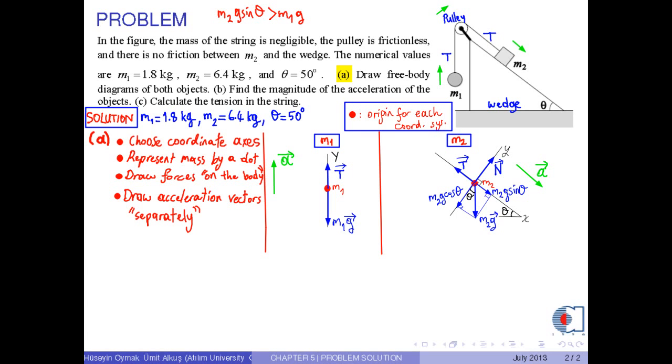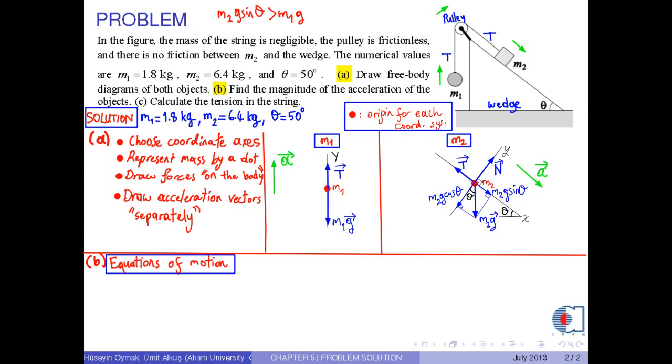Okay, these are the free body diagrams of both objects. Let us solve part B. In part B, we find the magnitude of the acceleration of the objects. To solve this part, we need to write the equations of motion for each object. In other words, we use Newton's second law, namely F net equals m times a.